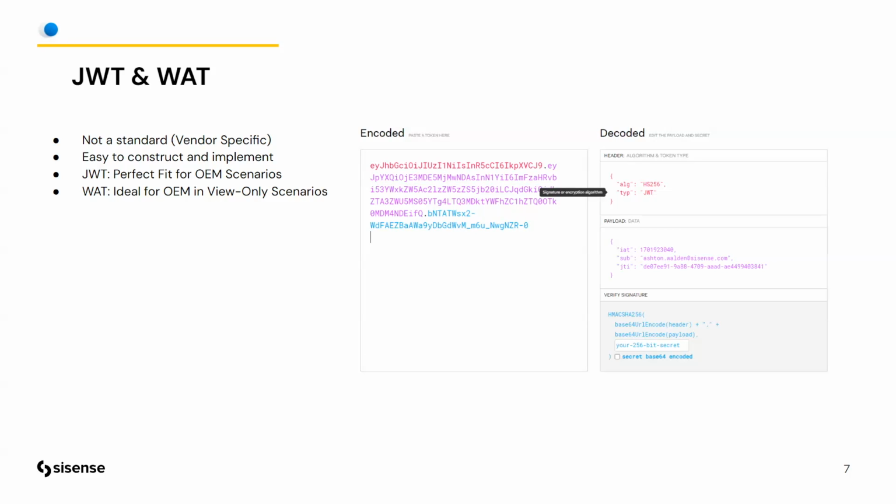So if your identity provider says, hey, we have JWT, it's possible that some of your fields may align with our fields. So IAT almost always means issued at. In the JWT world, sub almost always means the subject, right? But anything further than that, your IDP may not actually be sending to us. But again, it's very, very easy to construct and implement.